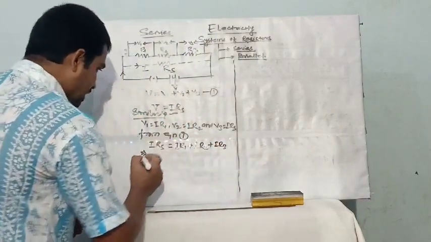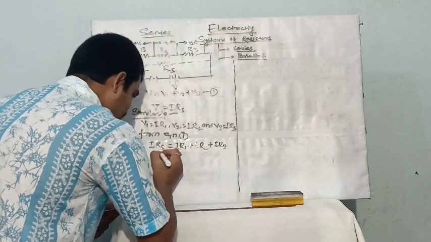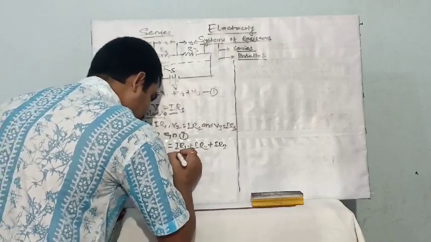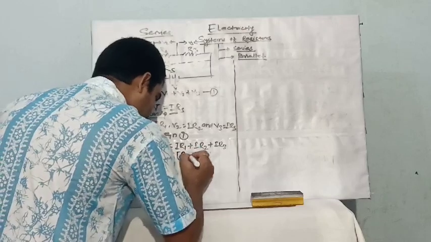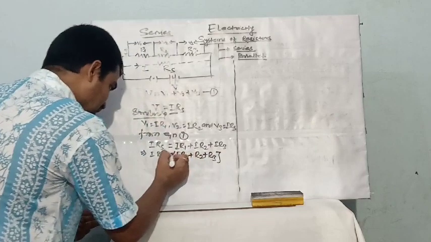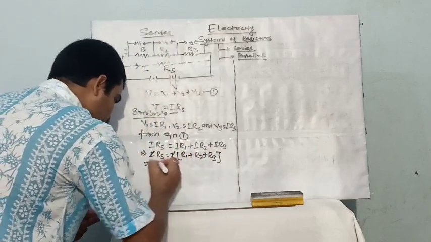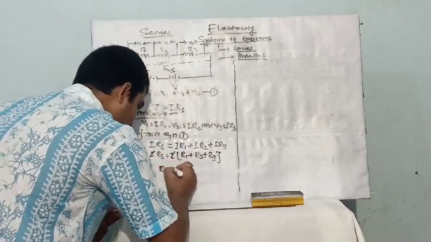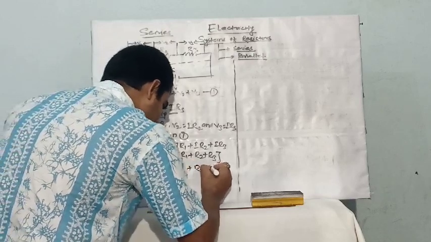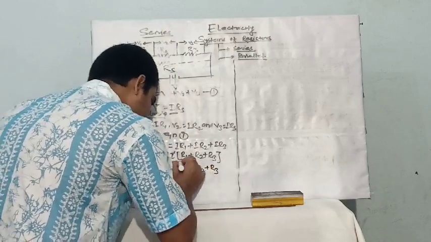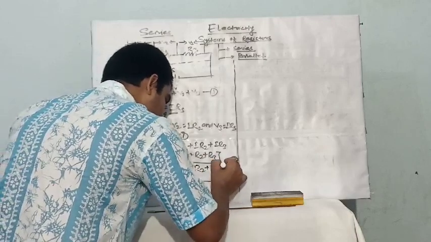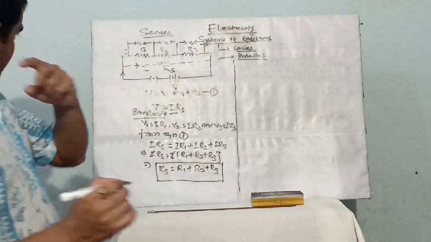So I R S, we take I common, R1 plus R2 plus R3. I and I cancel out, so RS is equal to R1 plus R2 plus R3. This is the equivalent resistance in case of series combination.